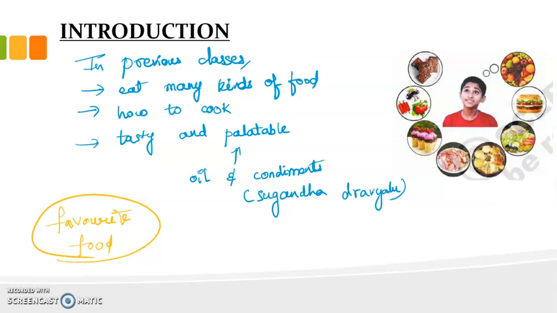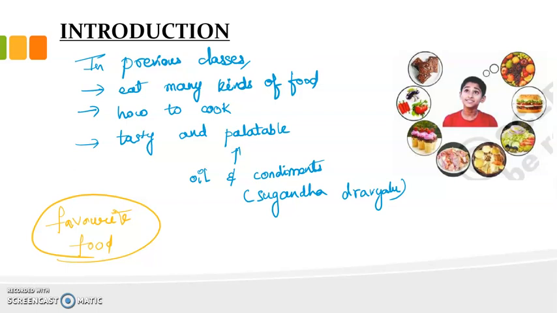Okay. So next question is, is only favorite food sufficient for us? By eating that food daily, is that favorite food sufficient for our body? It is completely no. Why? That favorite food item, which we love, has only some amount of nutrients.